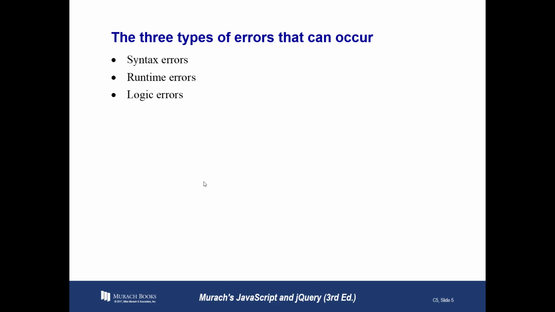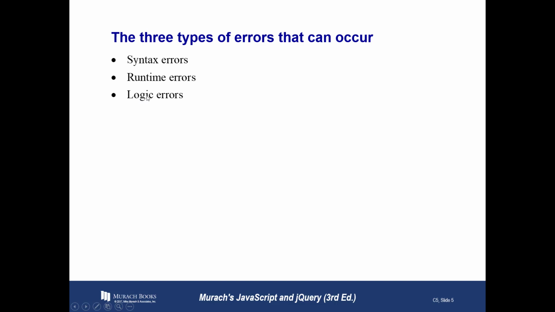All right, a runtime error occurs when the program is running. The code appears to be correct, but you can't really test it per se until your code is running. And a logic error, those are the hardest ones to find. What we all think of ourselves as programmers, regardless of the experience level, is the more you program, the more you feel that you're an expert, and you won't make logic errors.